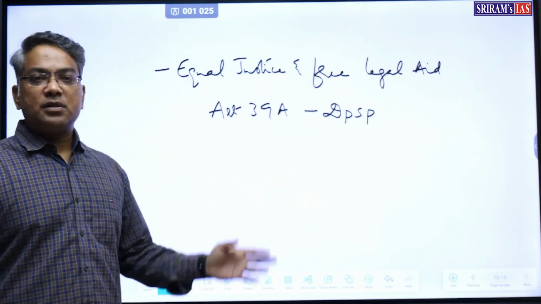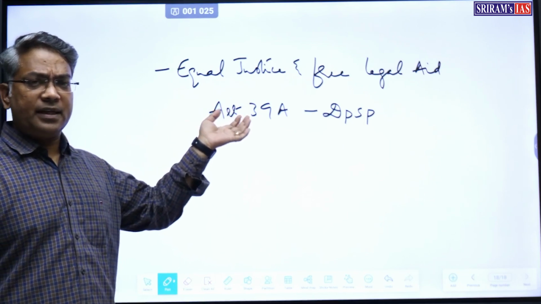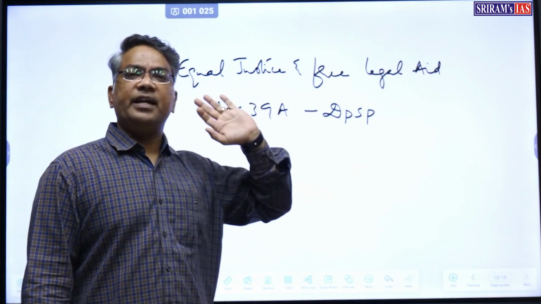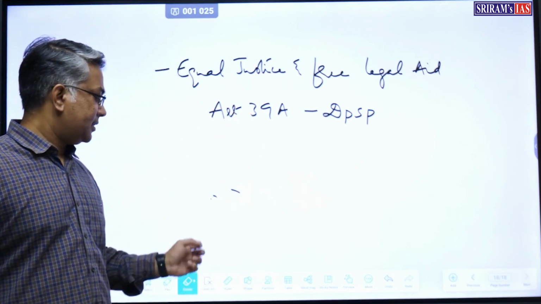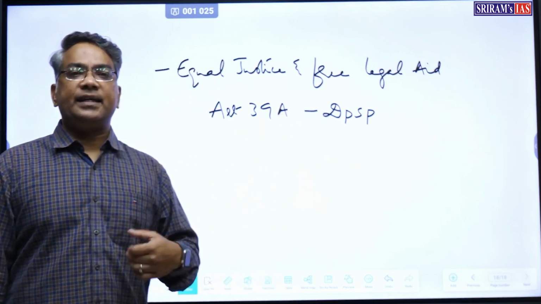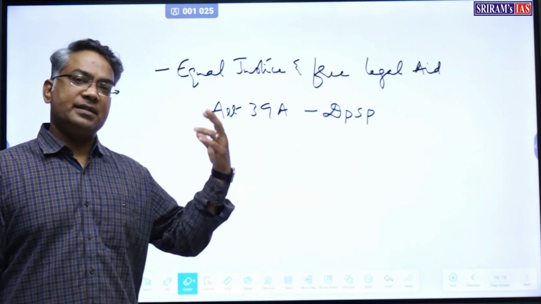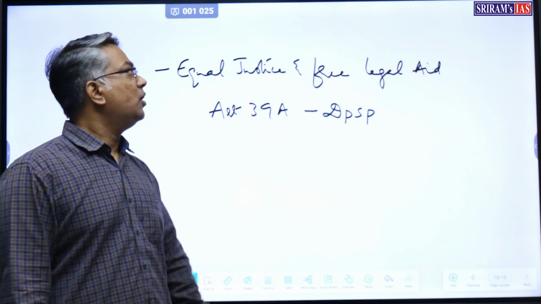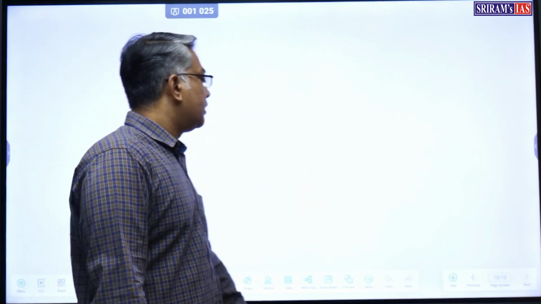The Constitution states, under Article 39A, that every citizen is entitled to equal justice and free legal aid. Hence, the Parliament has enacted the Legal Services Authorities Act 1987 and established the NALSA and other legal services authorities which conduct Lok Adalat. So, equal justice and free legal aid.